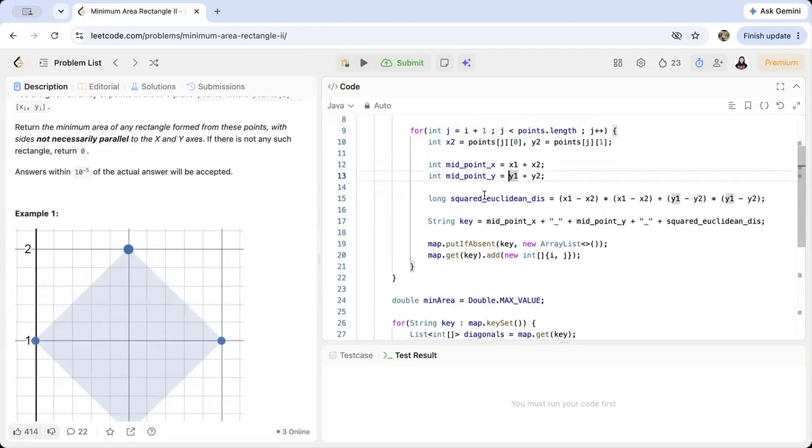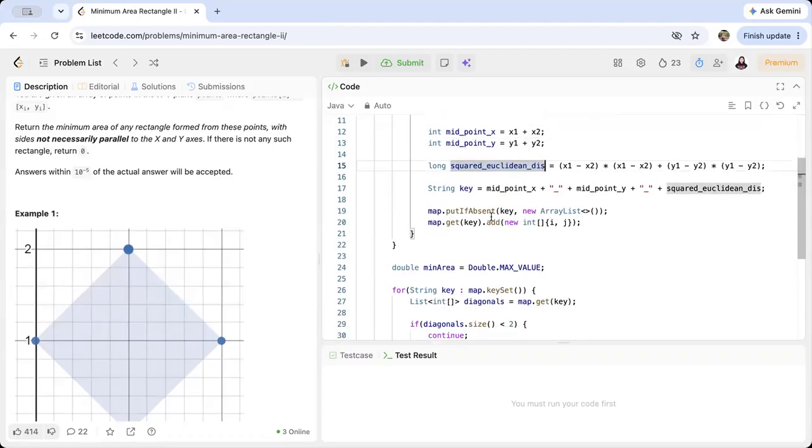So this is our midpoint x and y coordinate. And then we have the squared Euclidean distance. Now, we have created a key, which is basically a serialization of the midpoint x, y coordinate followed by the squared Euclidean distance separated by underscores. And then we add those points to the key.